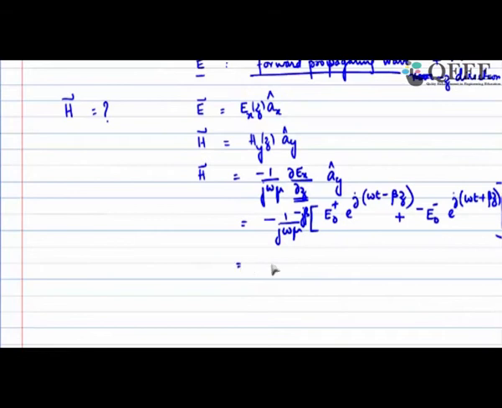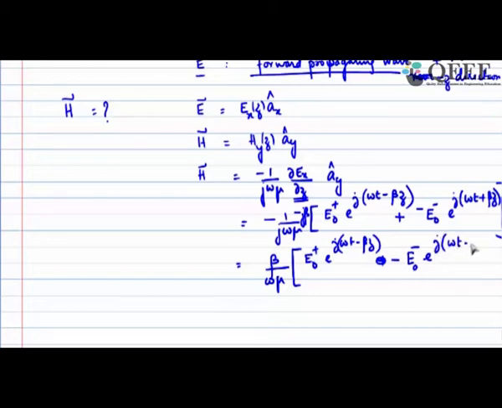So this result is beta by omega mu times E naught plus e power j omega t minus beta z, minus E naught minus e power j omega t plus beta z, in the Ay direction.